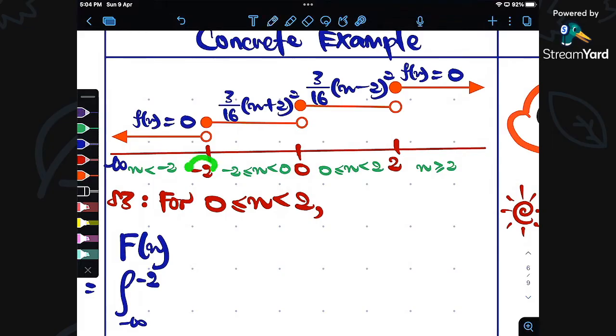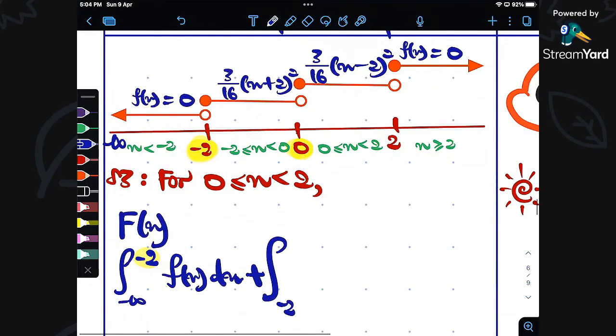You will cross by this negative 2, and then you will also cross by 0 until you reach before the number 2. This will be your unknown x there. So there will be 3 terms where you will pass through the negative 2 first, and then from negative 2, you will go through 0. Again, I highlight it, and then put the function fx dx.